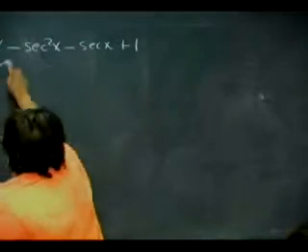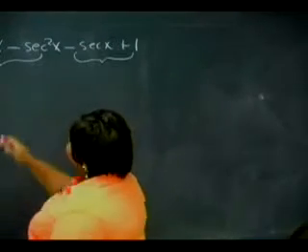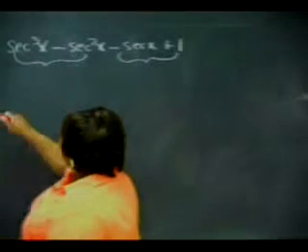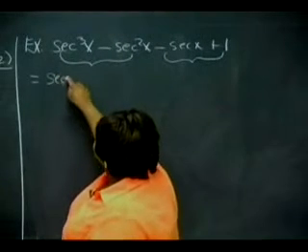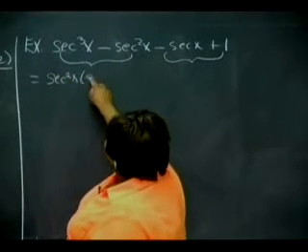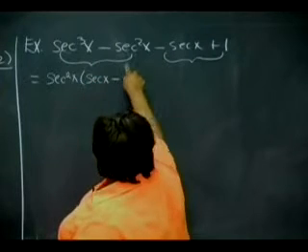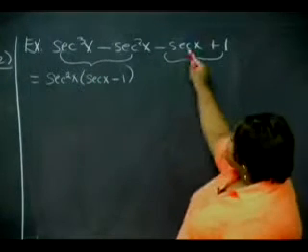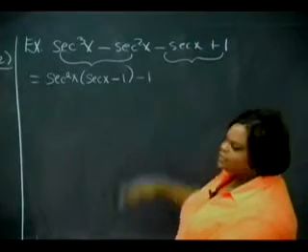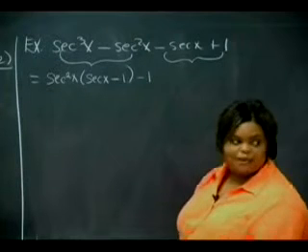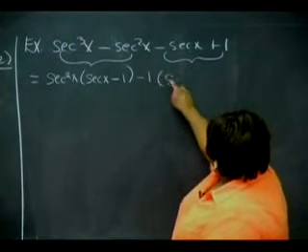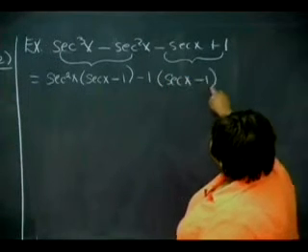So you group the first 2, the second 2. What can I bring out from the first 2? Secant squared x. So I'm left with secant x minus 1. And I want this to match there, so I need to bring out a negative 1. So this is secant x minus 1.